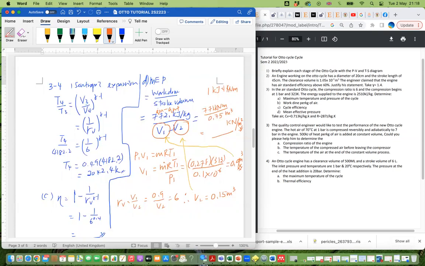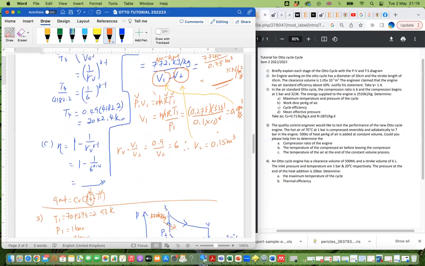Since this is per kg, we can assume m is 1. We have P1, R and T, so definitely we can get our V1 as 0.9. And don't forget that the compression ratio rv equals V1 over V2, so very easily we can find our V2. Plug it in and simplify, and then you can get your MEP for question 3.